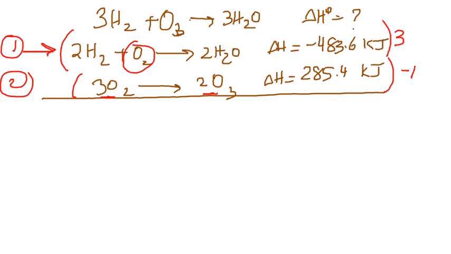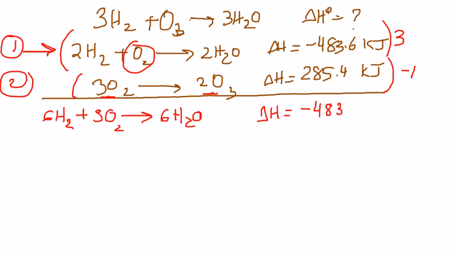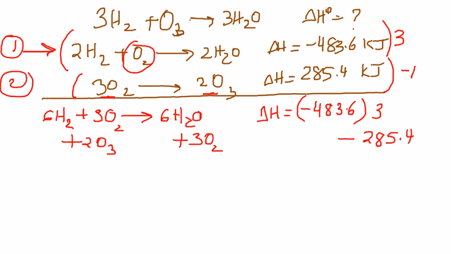So that should look like 6H2 plus 3O2 gives you 6H2O, and delta H for that is going to be negative 483.6 times 3. And we are going to also flip the reaction. So this is going to be 2O3 and 3O2, and we are simply going to add the 285.4 after we have flipped it.